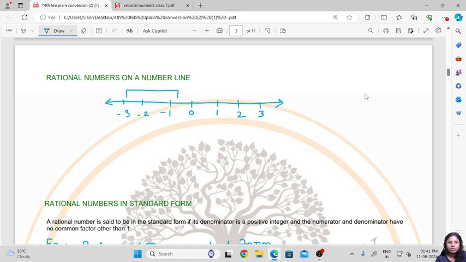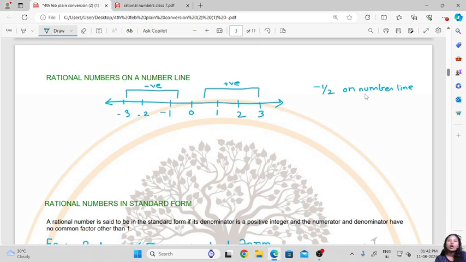So this is the negative side and this is the positive side of the number line. Now say I want to show -1 by 2 on the number line.